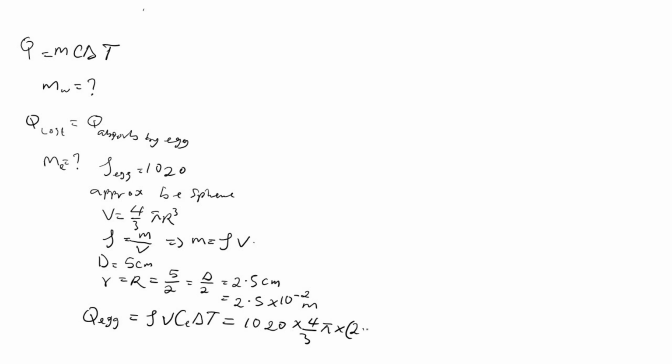Our r is 2.5 times 10 raised to the power of minus 2, cubed. Then my C E is 3.3 times 10 raised to the power of 3, into bracket, change in temperature, which is 80 minus 2.